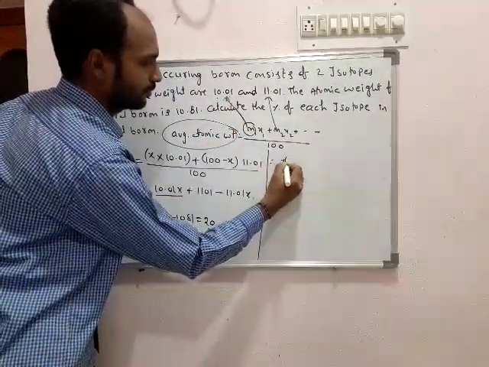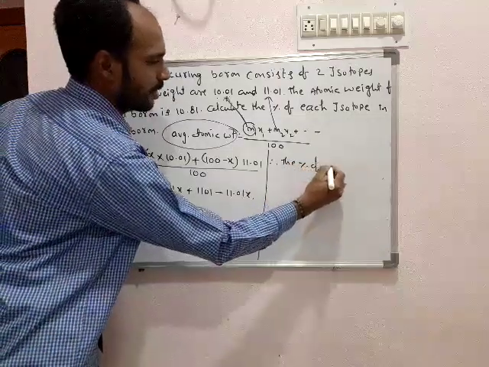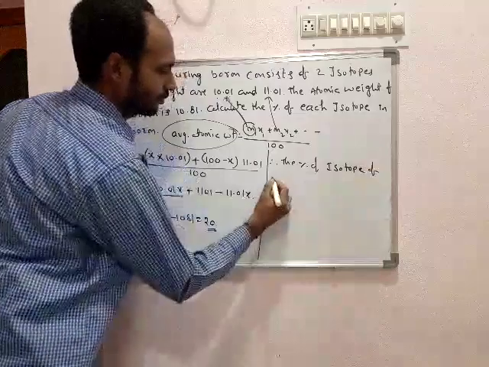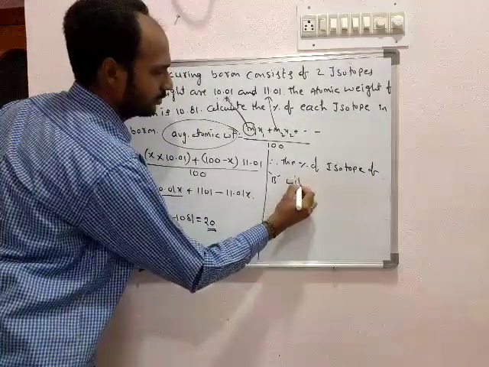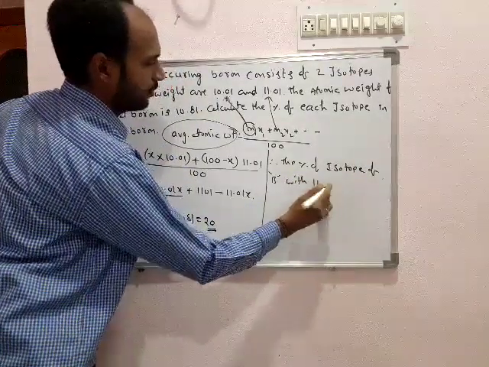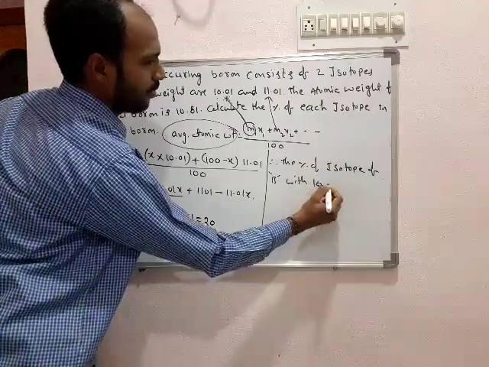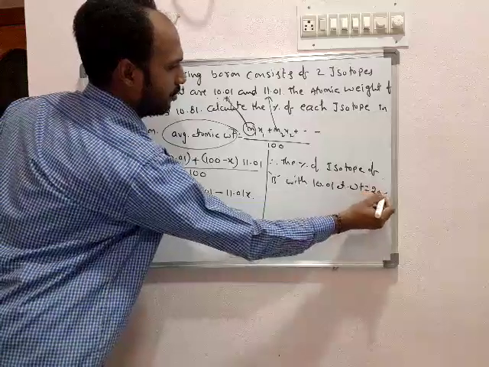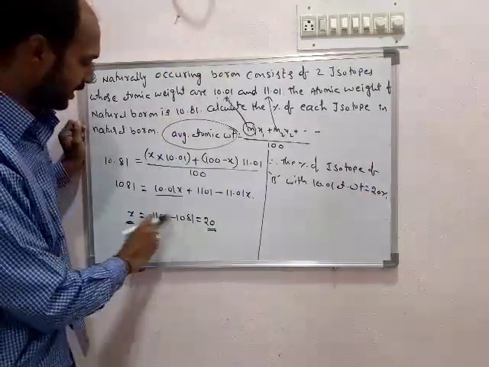Therefore, the percentage of the isotope of boron with 10.01 atomic weight equals 20%, as we took it as x.